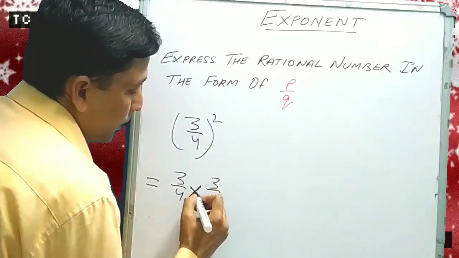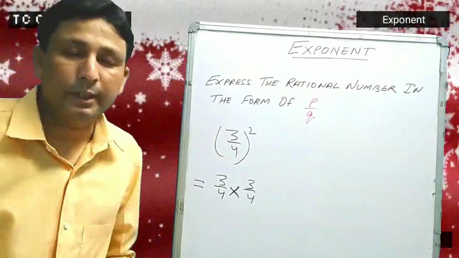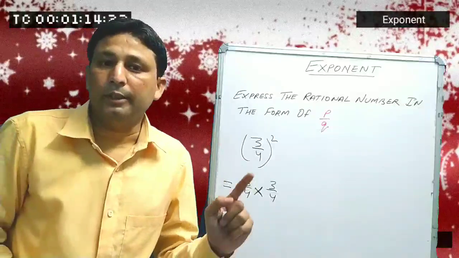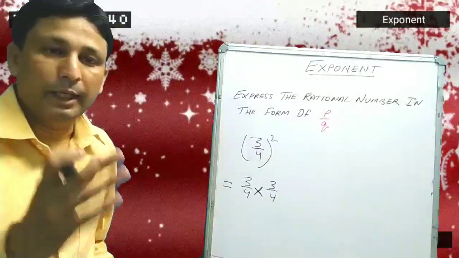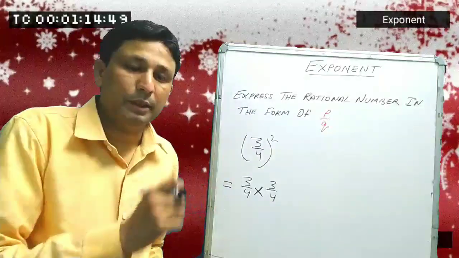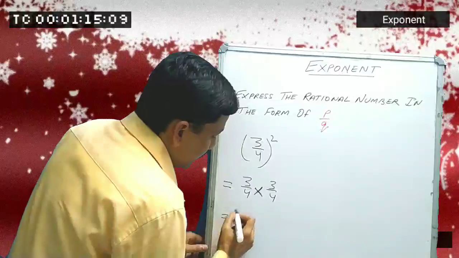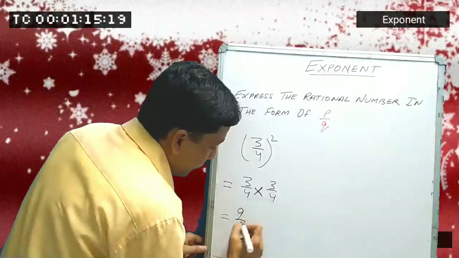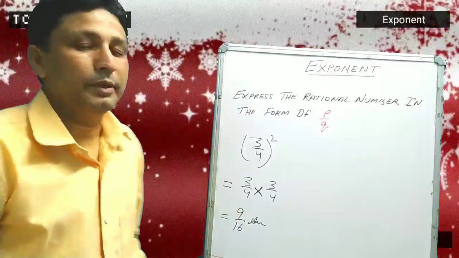According to the question your answer should be in the form of P upon Q, where one numerator and one denominator is present. But here you can see there are two numerators and two denominators, both in the form of multiplication. So here we will multiply: 3 threes are 9 and 4 fours are 16. That is the answer, because this answer is in the form of P upon Q.